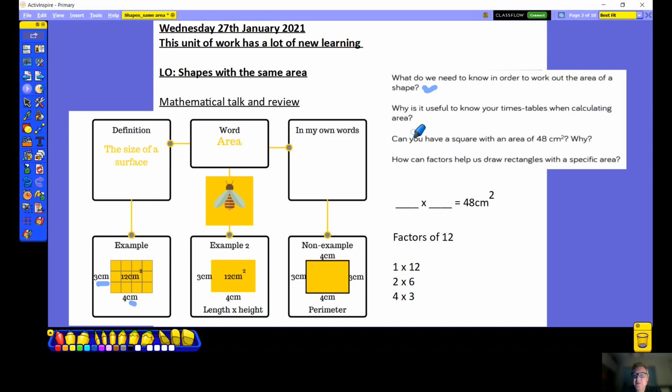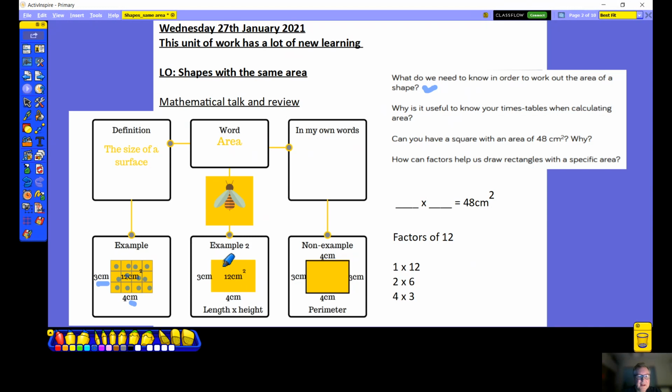Why is it useful to know your times tables when calculating the area? Well, in year 4, it's very much drawing the shape on 1 centimeter square paper and counting the squares. If you count all the squares that this shape covers, we end up with 12 squared centimeters.